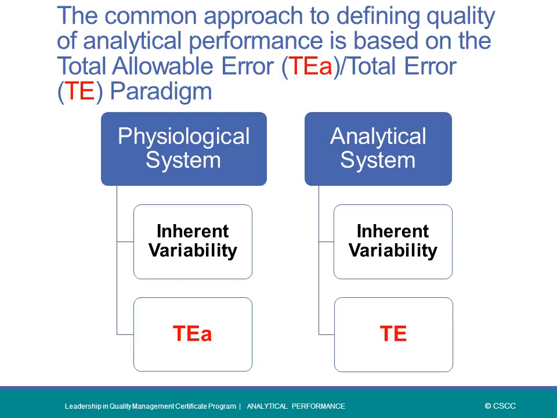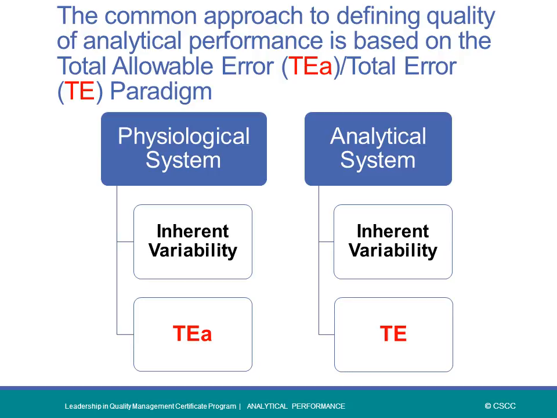Total error, of course, is the error that exists within the analytical system we're concerned with, and total allowable error, again having several different names and several different definitions, ideally should tell us something about the use or the need for the test we're using, and appropriately, according to this diagram, have some kind of physiological context associated with the physiological process that our test results are expected to contribute to understanding of.